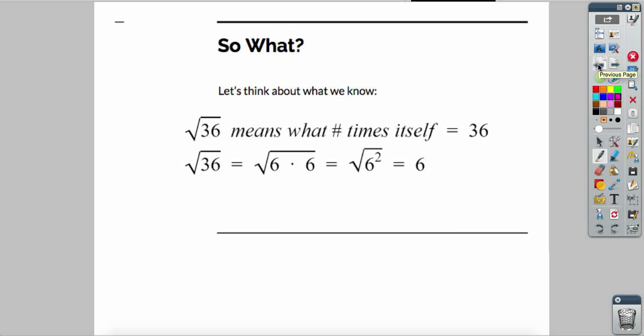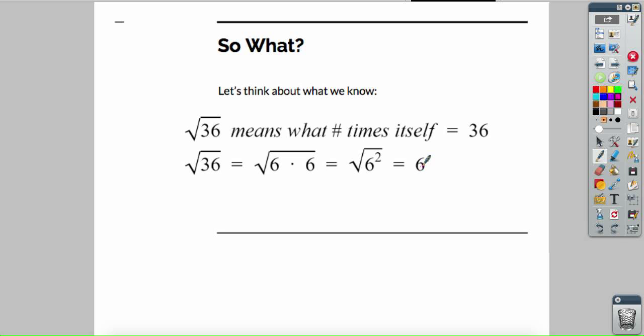Well, let's think about what we know. We know that the square root of 36 means what number times itself is going to equal 36. And so 36 equals 6 times 6. And so we can say that 6 squared, and then the square root of that equals 6.